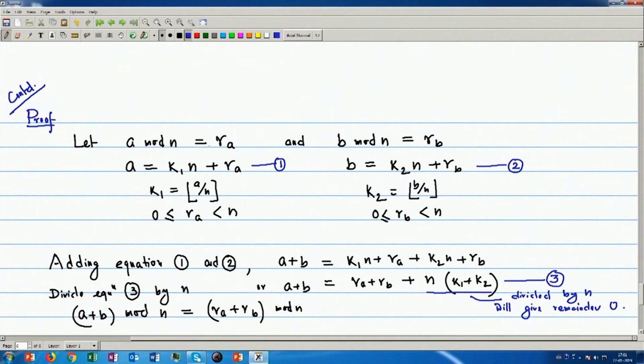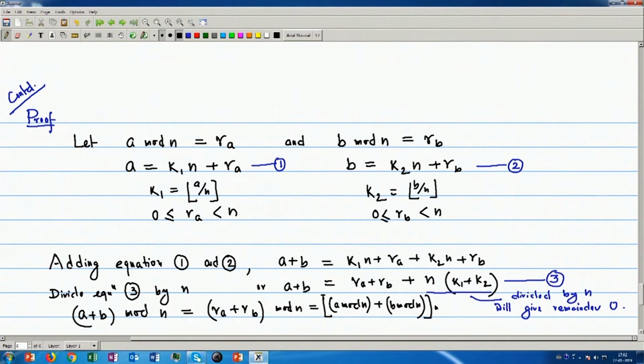Remember that r a is a mod n and r b is b mod n.